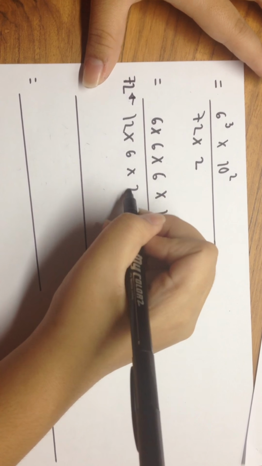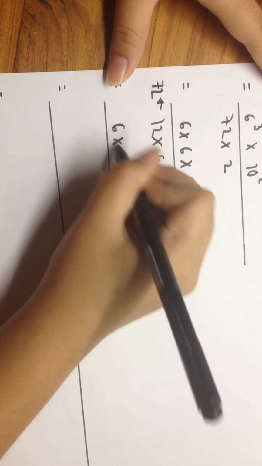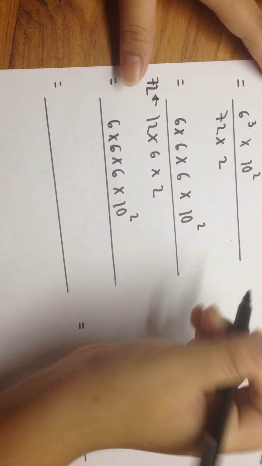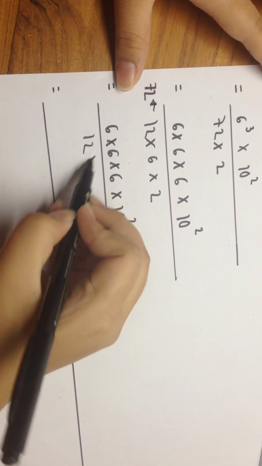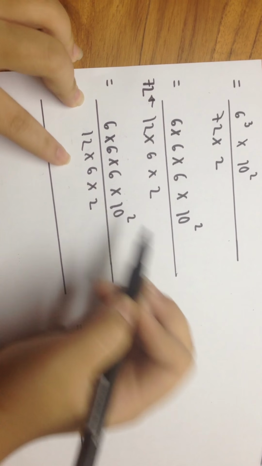And we times 2. So it is equal to 6 times 6 times 6 times 10 to the power of 2 divided by 12 times 6 and times 2.